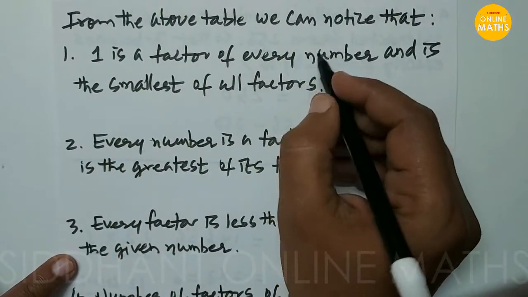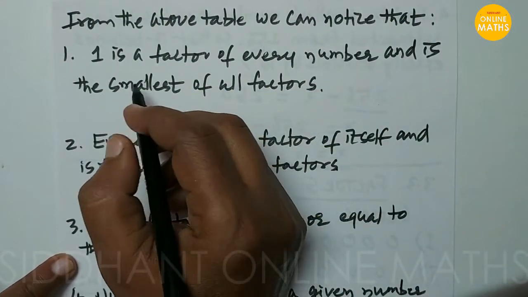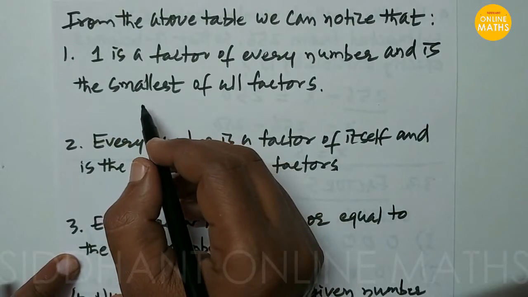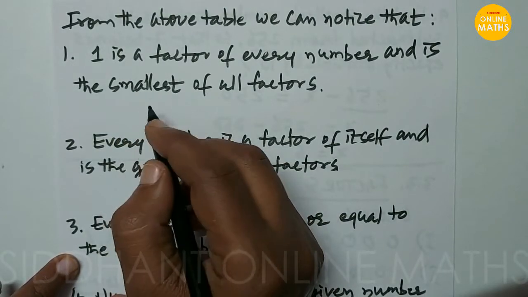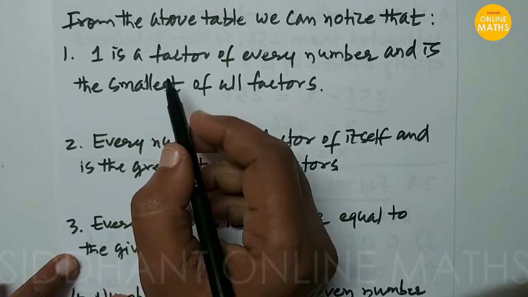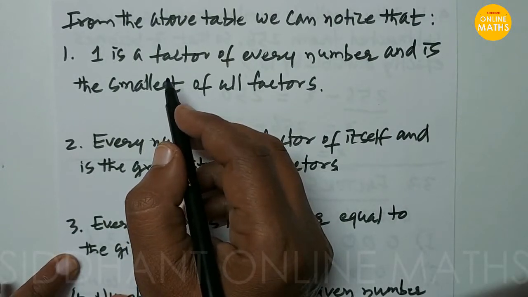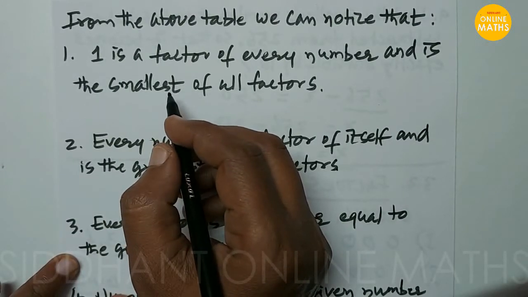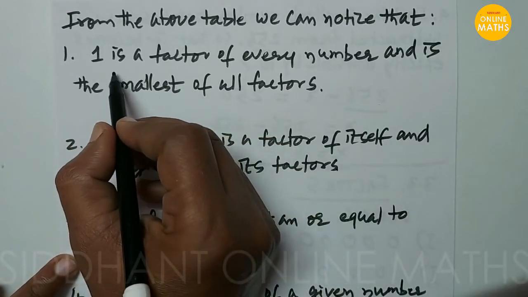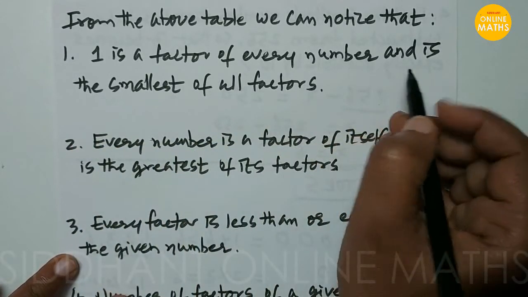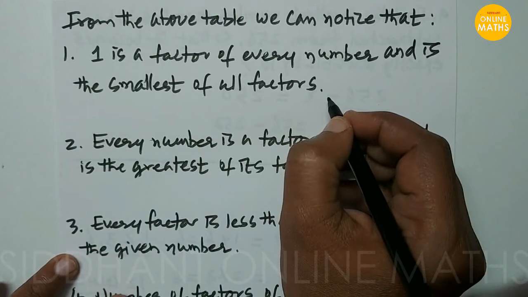From the above table, we noticed that, having seen a few numbers 12, 18, 20, 24 and their factors, we can give some statements regarding factors. The first statement: 1 is a factor of every number and is the smallest of all factors.